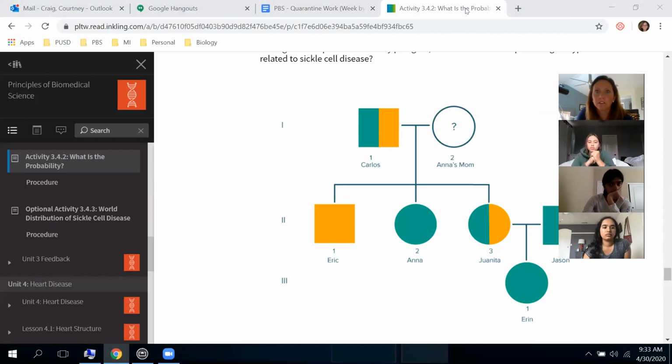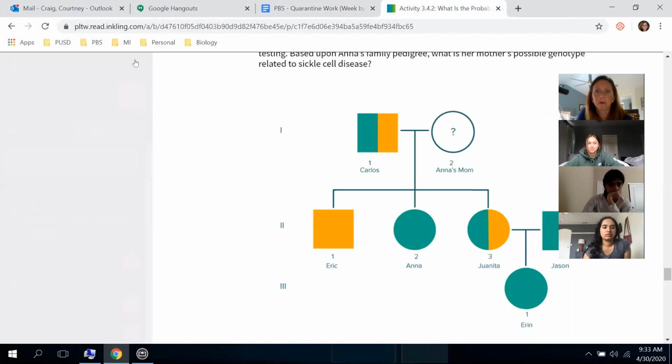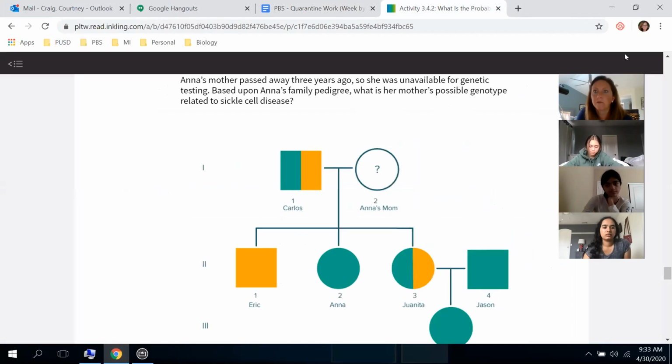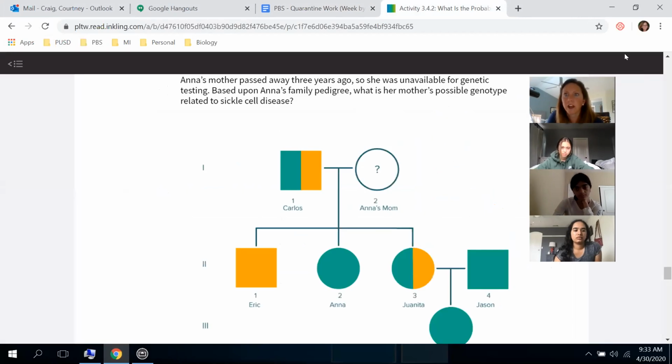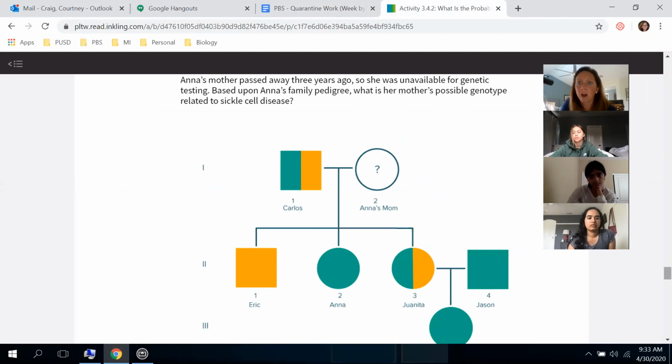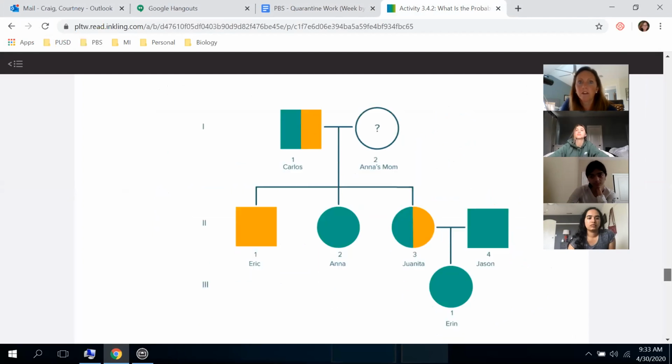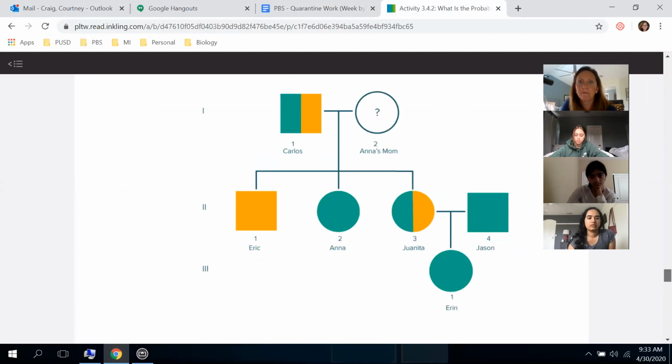What I thought we would do is take a look at how you'd come up with an answer to the pedigree that you see on the screen here from 3-4-2. A few of you have watched a video that I prepared where I talked through how I would figure out the genotype for Anna's mom using the pedigree. I would consider this pretty basic genetics. This is not a complicated type of problem.